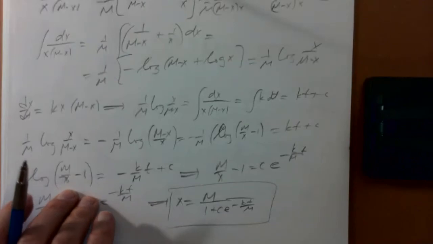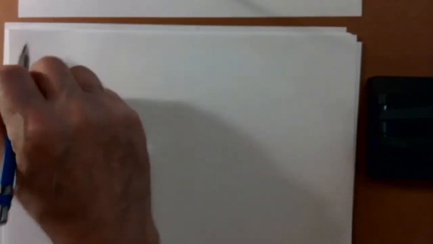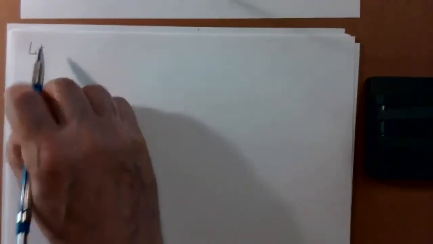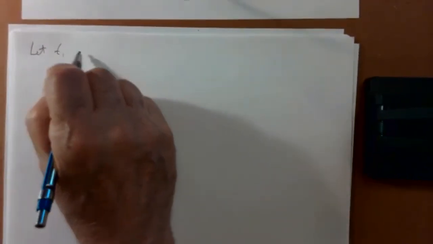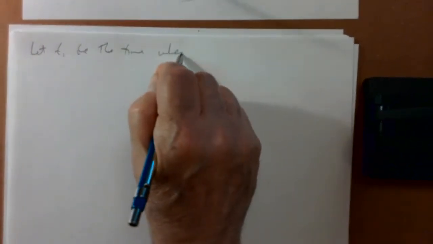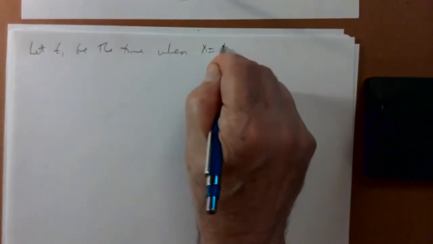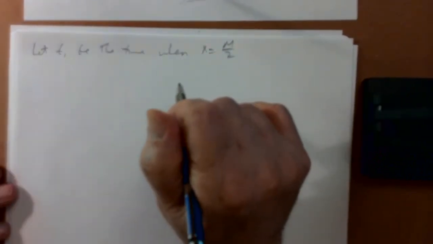And so I guess following the problem in the text, number 13, let t1 be the time when you've gotten to half of the maximum capacity, when x equals m over 2.